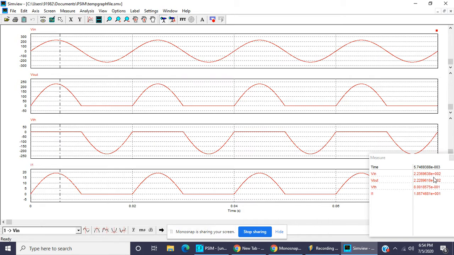Output voltage is equal to 2.22 into 10 raised to 2, that means 222 volt. Voltage across the thyristor VTH is equal to 8.0 into 10 raised to minus 1, that means 0.8 volt, and current is equal to 1.857 into 10 raised to 1, that means 18.57 ampere.